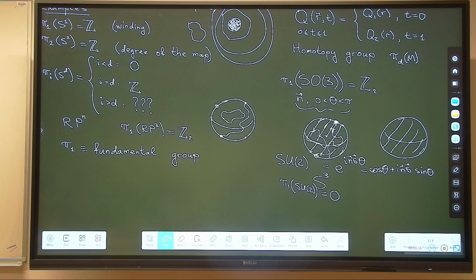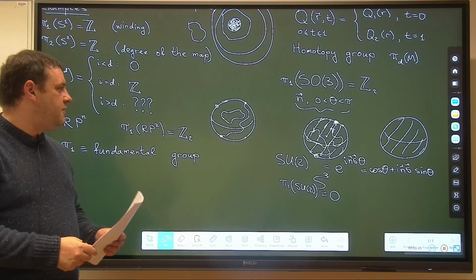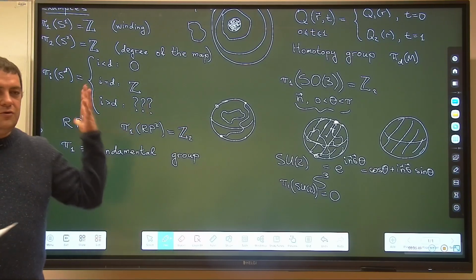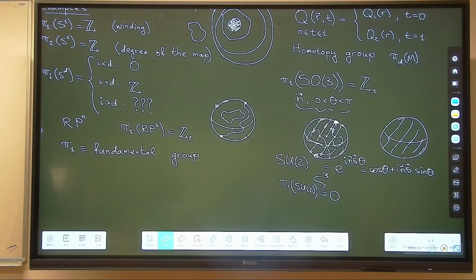Simply connected manifolds are those that have pi1 equal to 0. Simply connected exactly means that any loop can be contracted to a point. If it's not true for any loop, it's not simply connected. For example, if I have a board with a hole in it, it's not simply connected. And if there is no hole, it is simply connected.